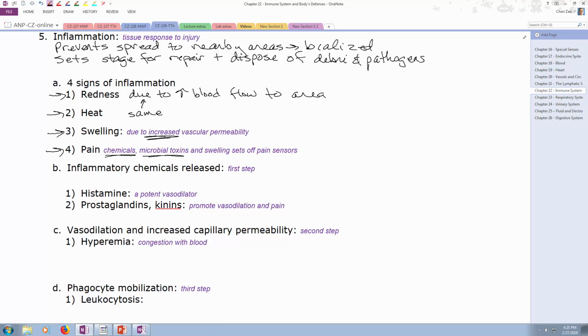Do you remember what we call pain receptors? Nociceptors. So we'll have activation of nociceptors. And then also swelling. Swelling can also cause pain, just like too much bright light in your eyes. And so swelling can cause pain. So we have nociceptor activation and even mechanoreceptor activation.